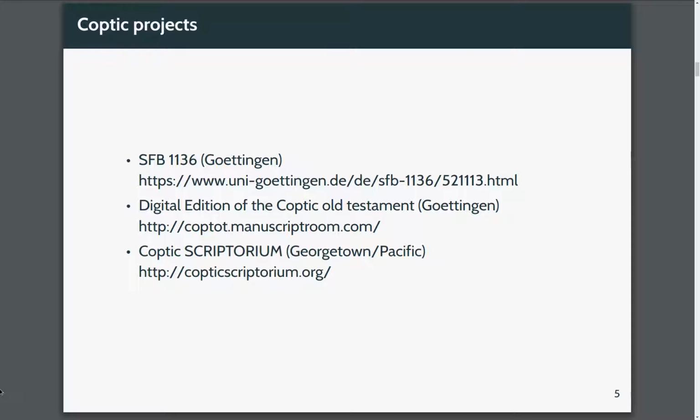Also, Coptic Scriptorium of the University of Pacific and Georgetown University, funded by the National Endowment of Humanities, creates a linguistically annotated Coptic corpus. There are a large number of OCR printed texts in Coptic, and these projects need to run OCR on them.